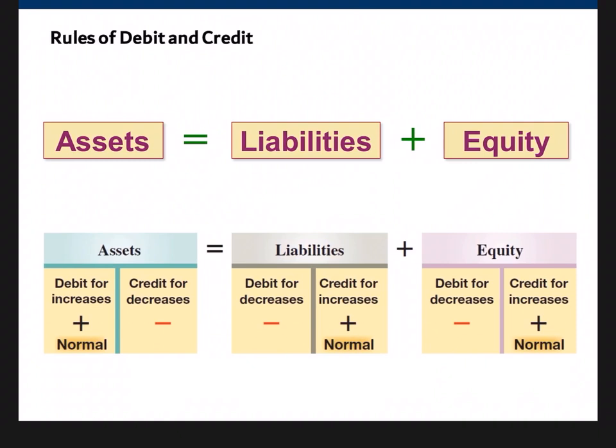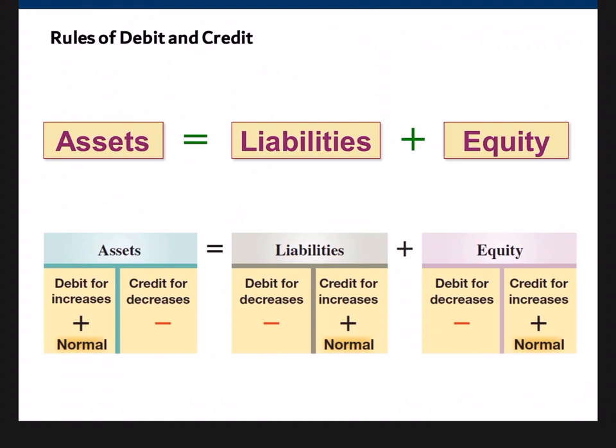Now, it would be nice if we could just leave it this simple, but as you may be expecting, shareholders' equity complicates things a little bit for us, because shareholders' equity includes accounts that have the effect of increasing equity, such as common stock and revenues, and it also includes accounts that decrease equity, such as dividends, which is a return of earnings to shareholders, and expense accounts.